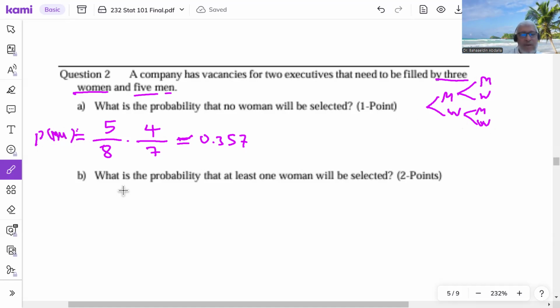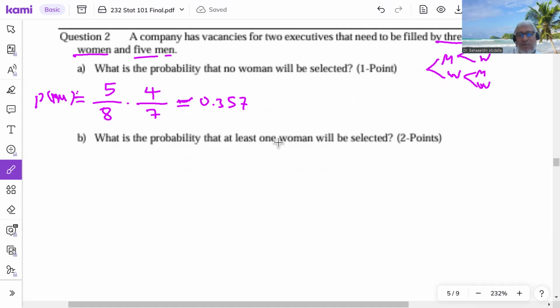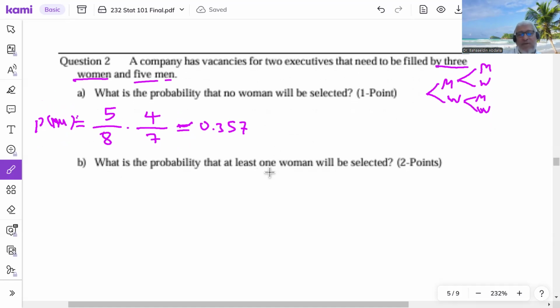Both are men. What is the probability of at least 1 woman? At least 1 woman means 1 woman or 2 women, so probability of 1 woman plus probability of 2 women.